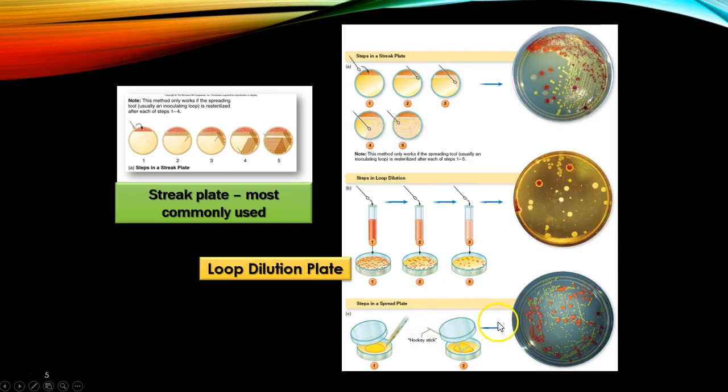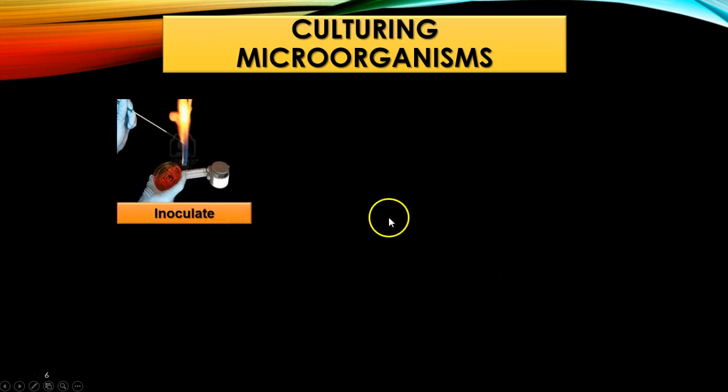And if you have a sample that's not very concentrated, you can put a larger volume on a plate and use this sterile glass rod to spread it around. And you can see there a mixture of the yellow and red ones, and you may even have that off-white one there. So those are some of the isolation techniques that we use. And again, the streak plate's the one that we use the most commonly.